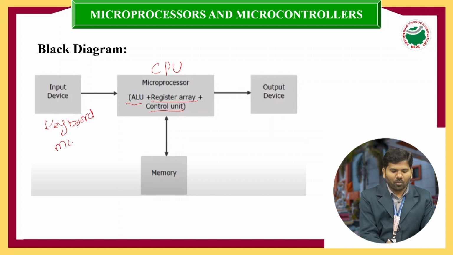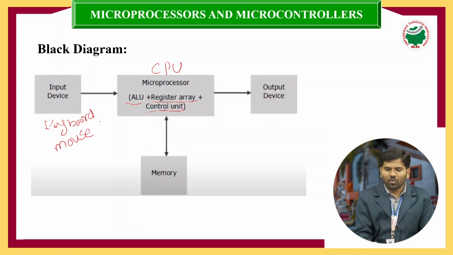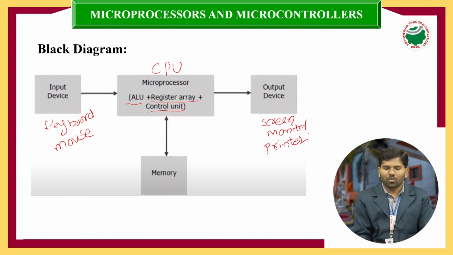The output devices are like your screen or monitor, printer. So these are the output devices. For memory, we have main memory and secondary memory.